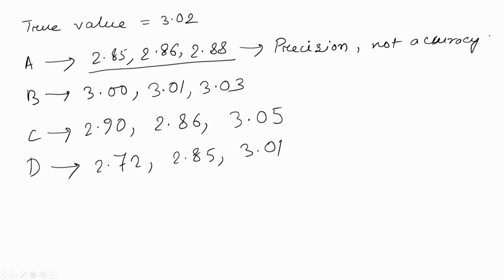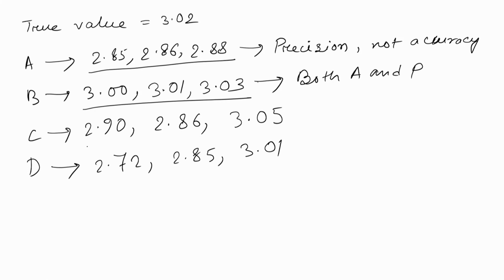Okay. Now the values of B, 3.00, 3.01 and 3.03. These values are both close to each other and close to the true value. So we can say both accuracy and precision, right?